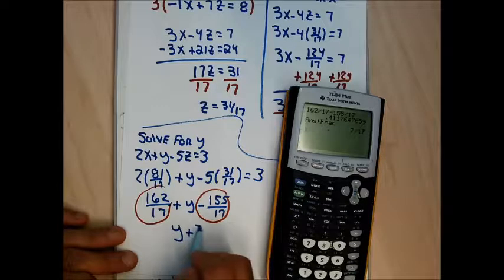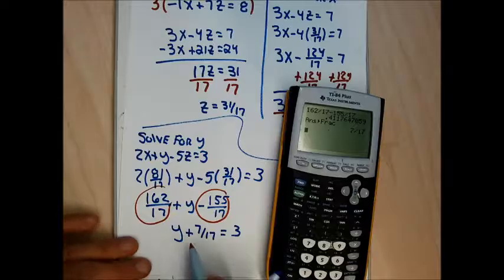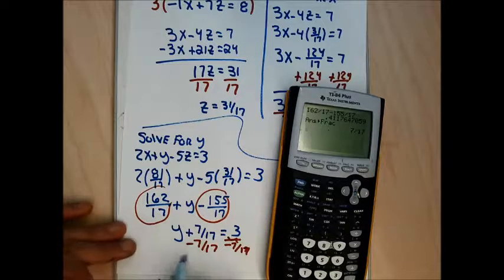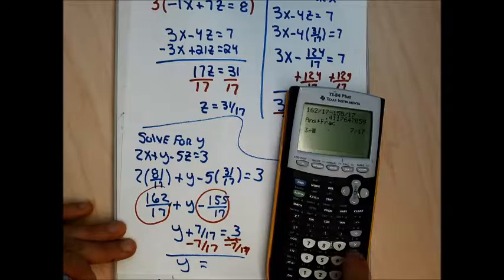So now I have y plus 7 over 17 equals 3. And I'm going to subtract 7 over 17 from both sides. It looks like I did divide; it's supposed to be minus. On the left-hand side, when I do that minus, I get my y. On the right-hand side, I go 3 minus 7 divided by 17.